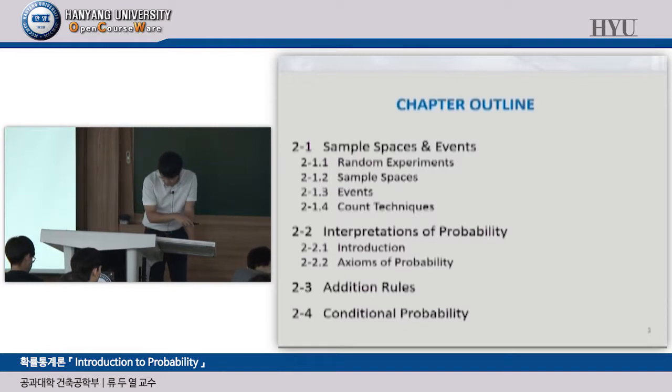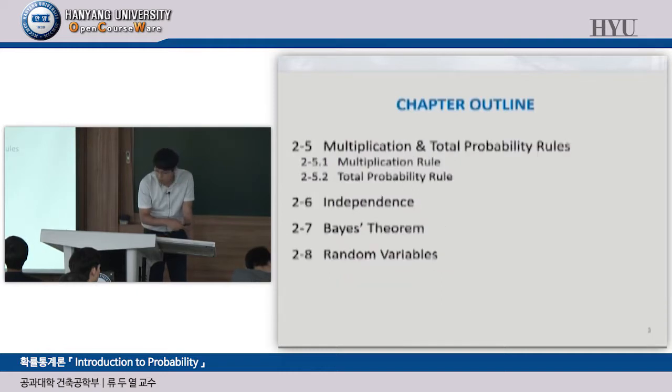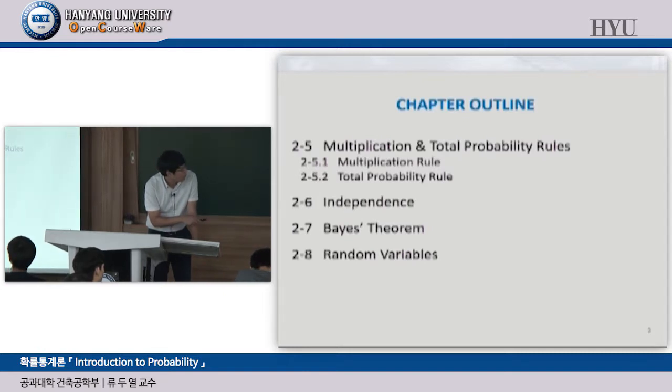And we are going to study about the additional rules and the conditional probability, which is called 조건부 확률 in Korean. And we are going to study about the multiplication rule and the total probability rule or formula, which is called 전확률 공식 in Korean.